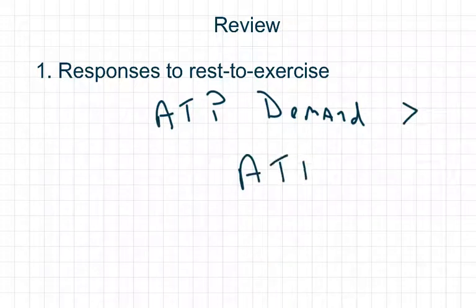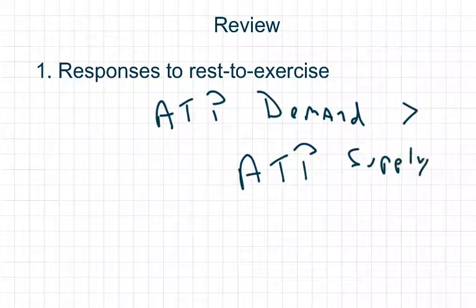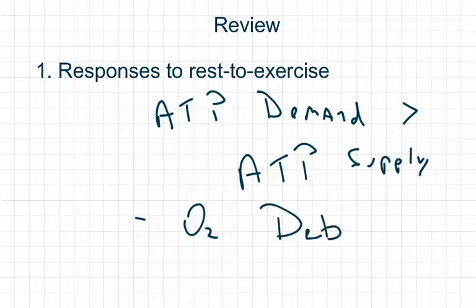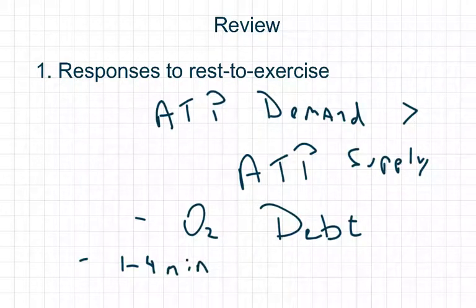And we showed this through O2 debt. And we had said that it takes the body upwards to about 1 to 4 minutes for ATP supply to meet ATP demand.